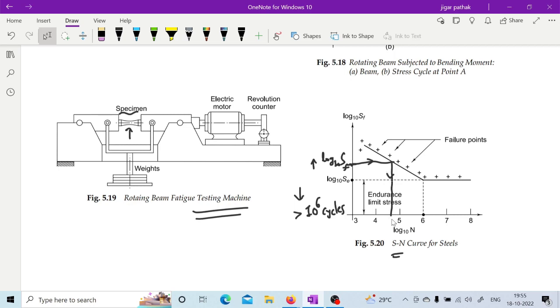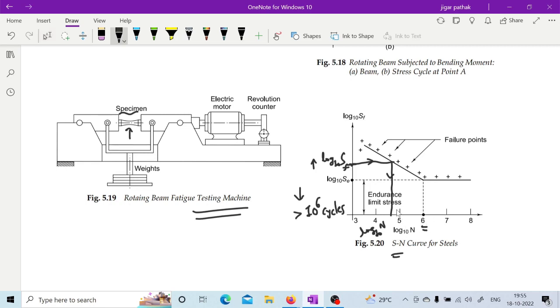Whatever number of cycles you get here will be your number of cycles without failure.